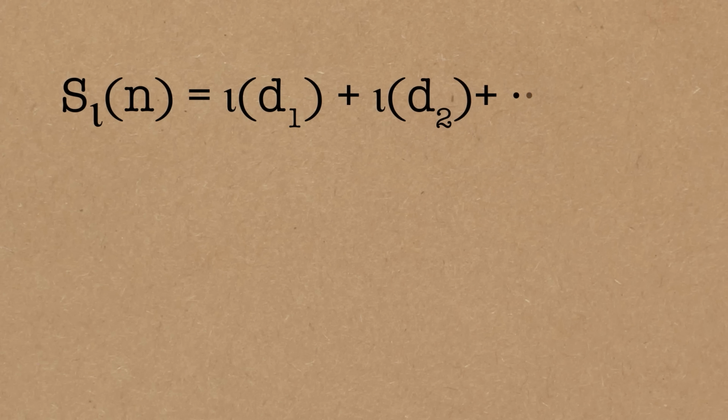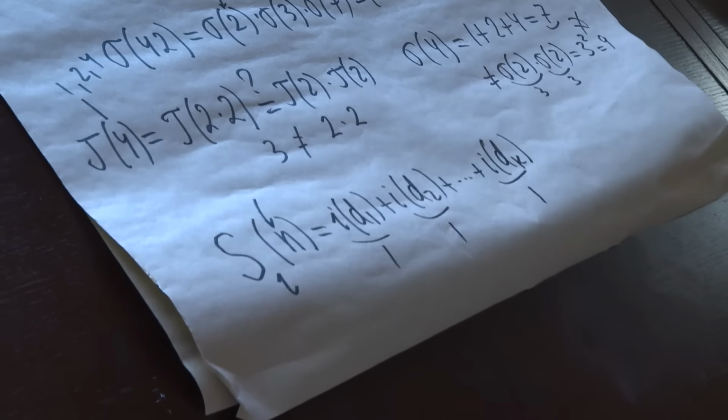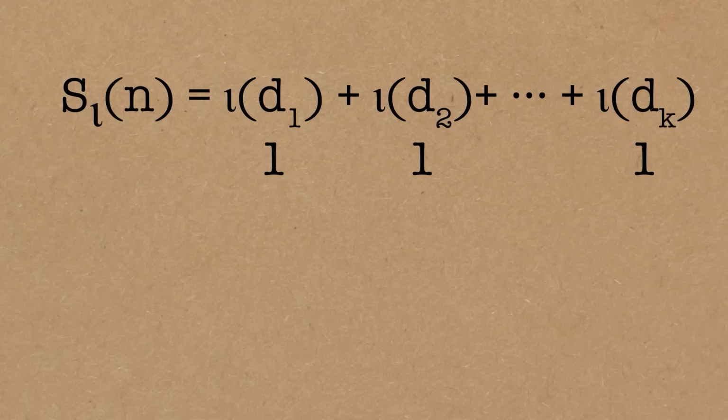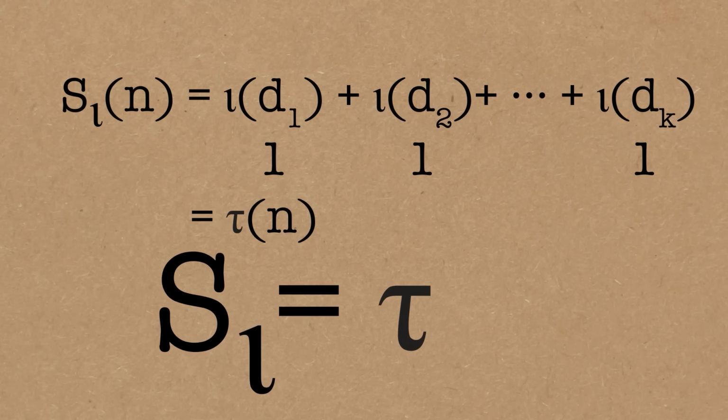For every divisor of n, I'm supposed to keep adding what this iota function is going to do to it. But this iota function, all it does is spit out 1. So this is just ones, right? How many ones did I add? As many divisors as I have. So this is the number of divisors of n, but we have a word for it. It is tau of n. So the sum function of the one function is tau.